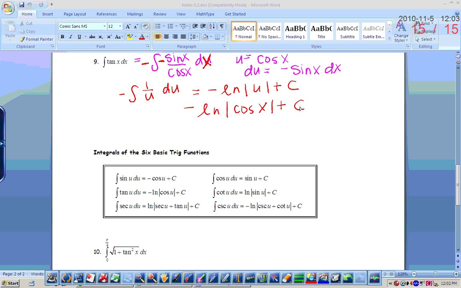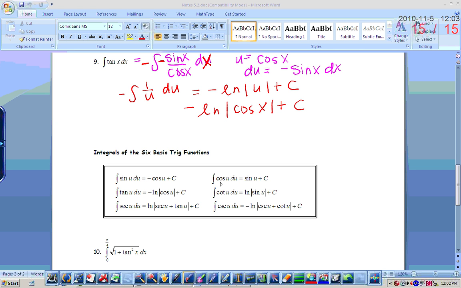Okay, so unfortunately, I've given you some more things to have to memorize. So the integrals of your 6 basic trig functions are right here. You already knew sine and cosine. Tangent and cotangent are pretty easy to derive if you forget them. And those are the ones that are going to be asked most frequently. So you can memorize them or you can derive them pretty easily just like I did.